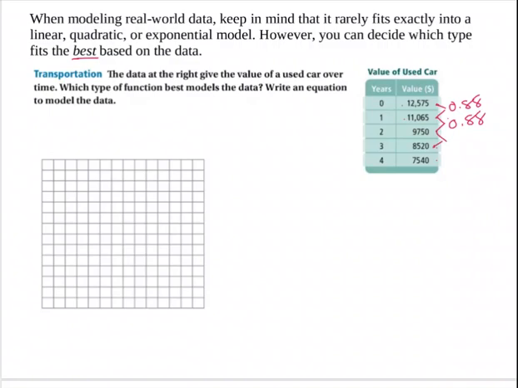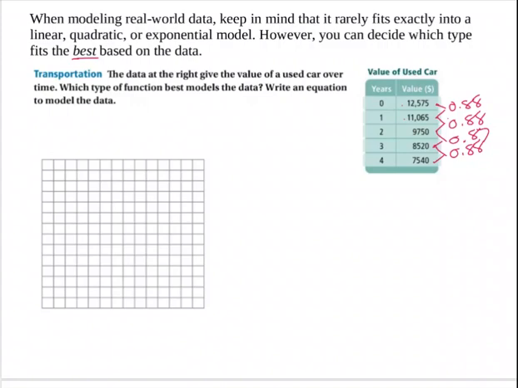So we want the next one. 0.87. And then the last one. 0.88. Okay.